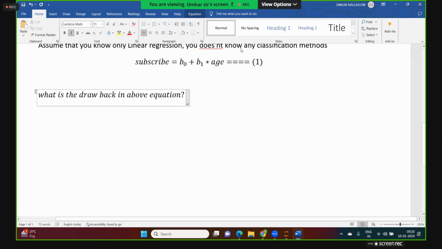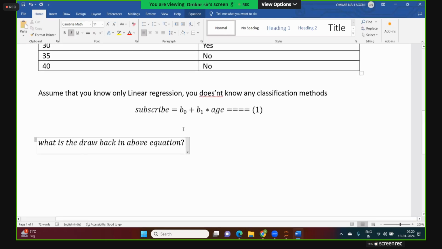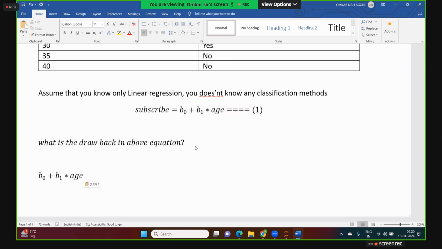Hello? Arun said correct. What about others? The RHS is giving what? These RHS values are always what? Always numbers. But what is your output?